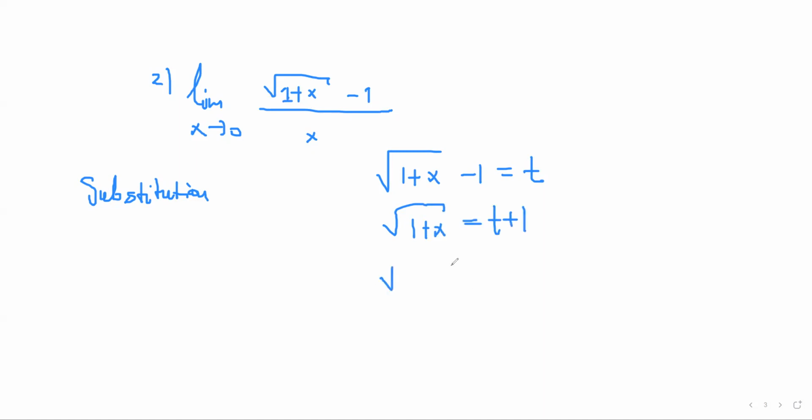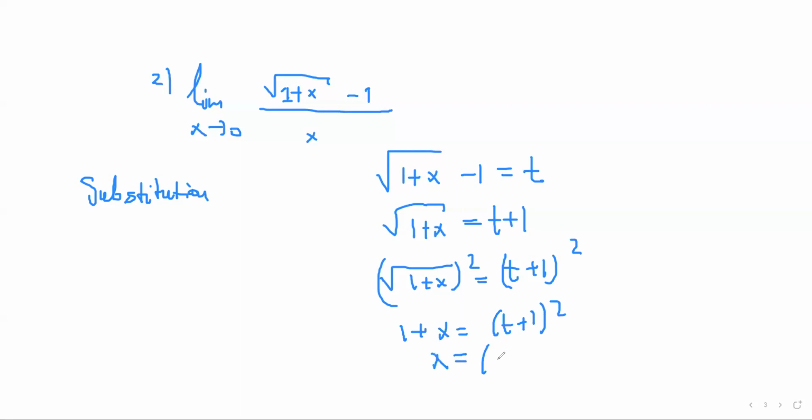So if you square it, 1 plus x equals (t plus 1) squared. And x equals (t plus 1) squared minus 1. So we have x in the denominator, so instead of x, we can put this expression here.